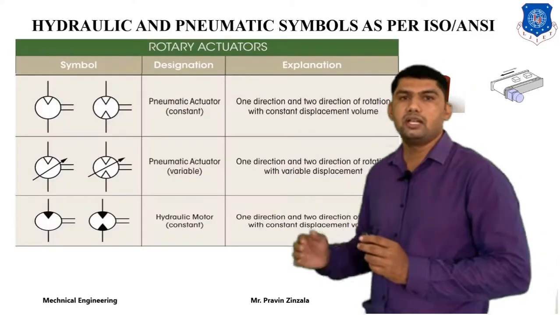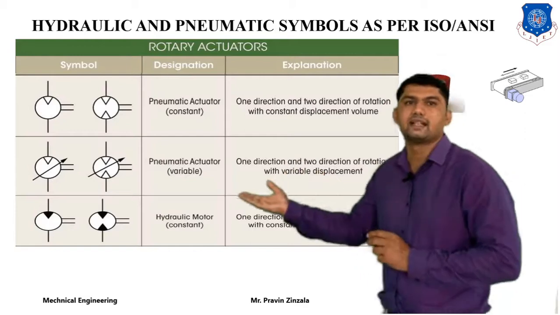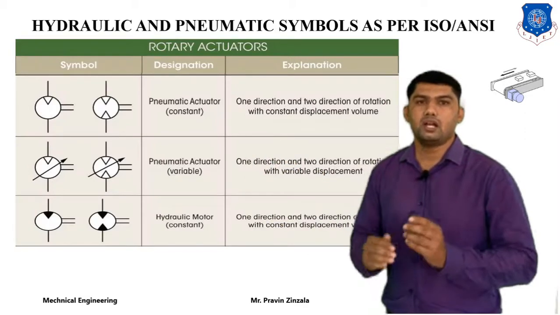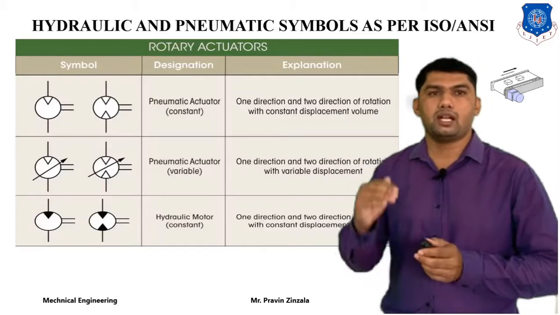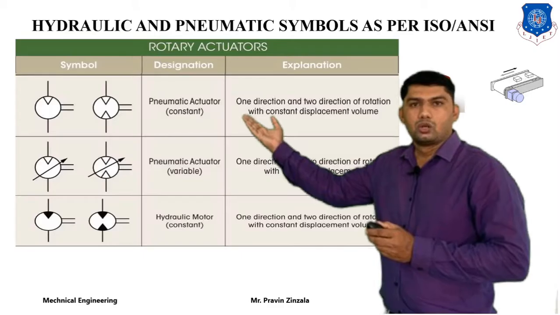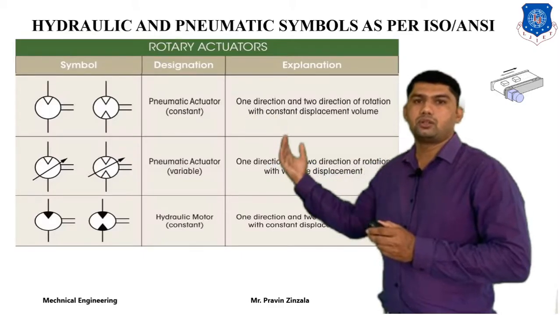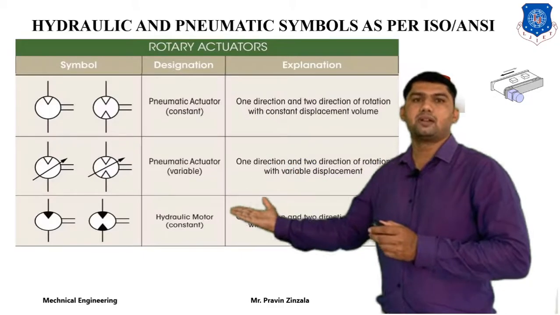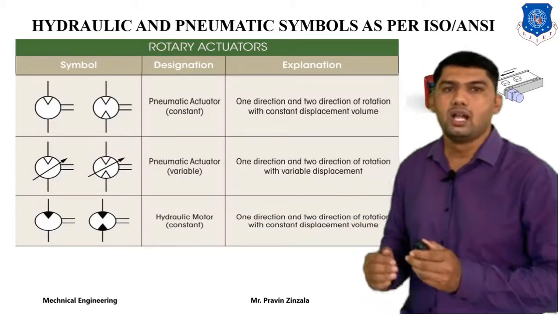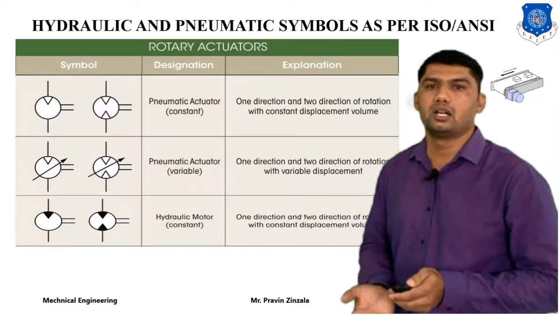For linear motion, we use cylinders to convert hydraulic energy into linear motion. If rotary motion is required, we use a rotary pneumatic actuator, and in a hydraulic system, a hydraulic motor. The function of a hydraulic motor is to convert hydraulic energy into rotational motion.